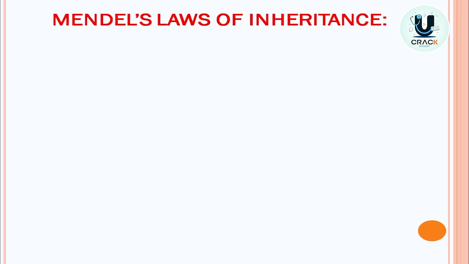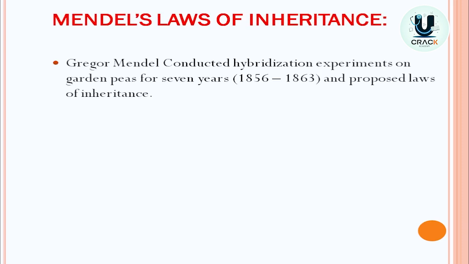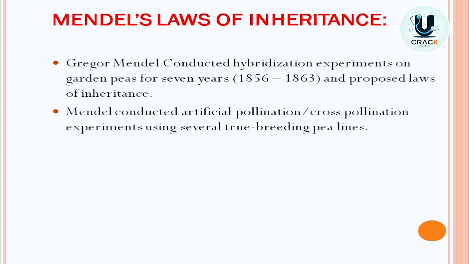Like Mendel's law of inheritance. Gregor Mendel conducted hybridization experiments on garden peas for 7 years, 1856 to 1863, and proposed the laws of inheritance. Mendel conducted artificial pollination, cross-pollination experiments using several true breeding pea lines.